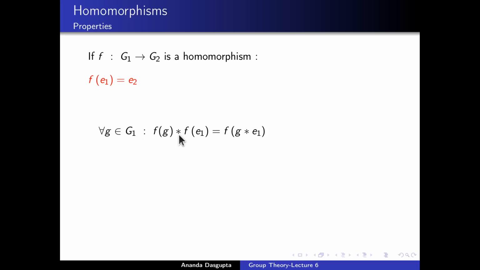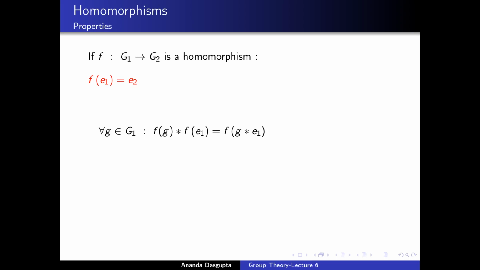The star between f of g and f of e1 is of course star 2, the product in the group G2. But according to the fact that this is a homomorphism, this has to be equal to f of g star e1, and this star of course is star 1, the star in the group G1. From now on, I'm actually not going to specify which star I mean, simply because it should be obvious from the context.